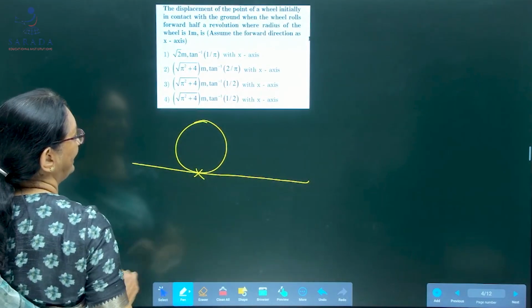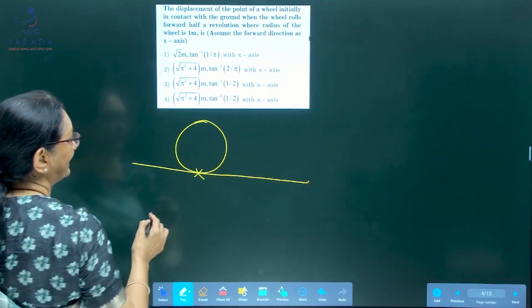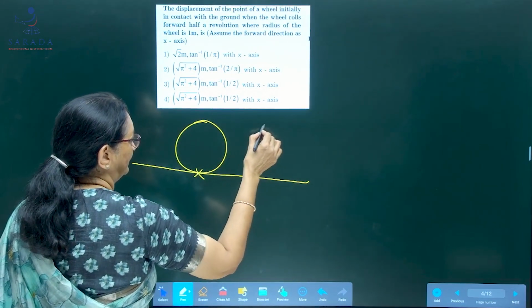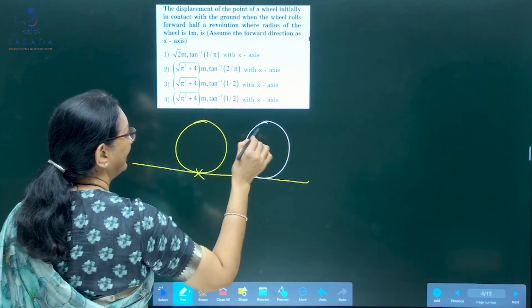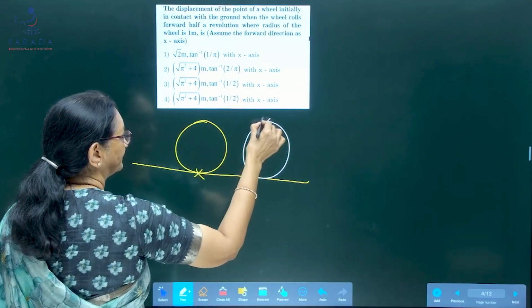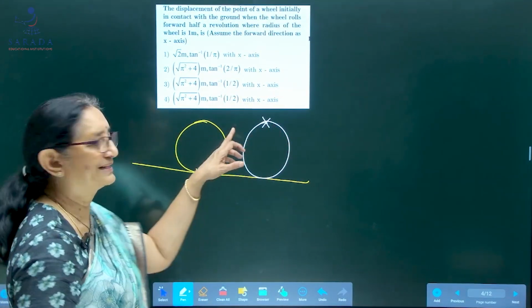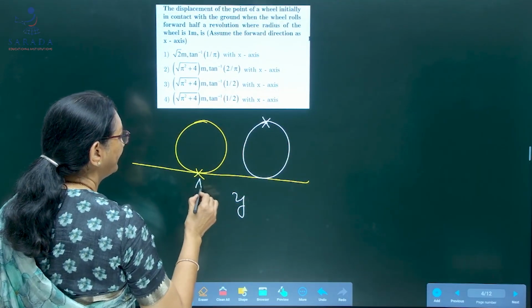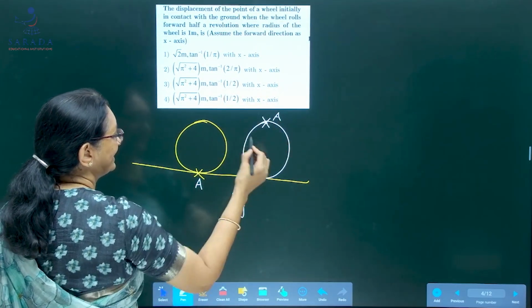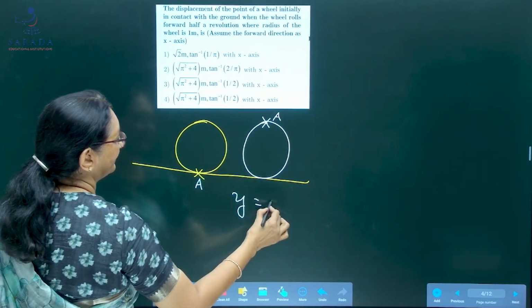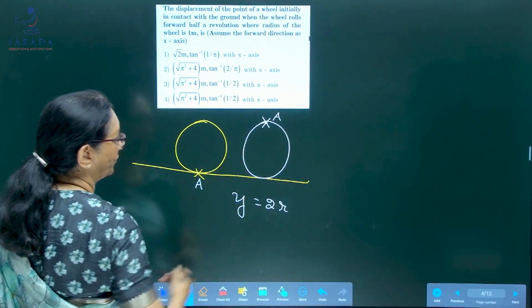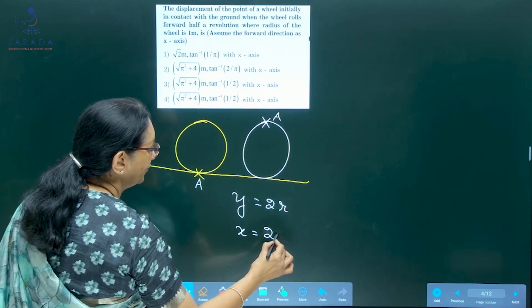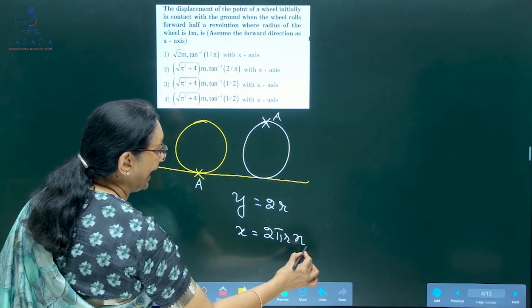So this is the initial position. If it completes half the revolution, this point on completing half the revolution reaches the top. So the vertical displacement of the point A is nothing but the diameter of the wheel, that is equal to 2r, and the horizontal distance moved is 2 pi r into n.